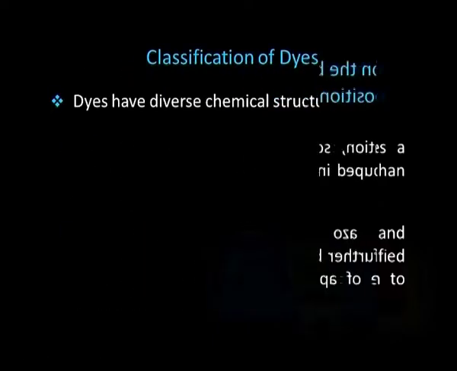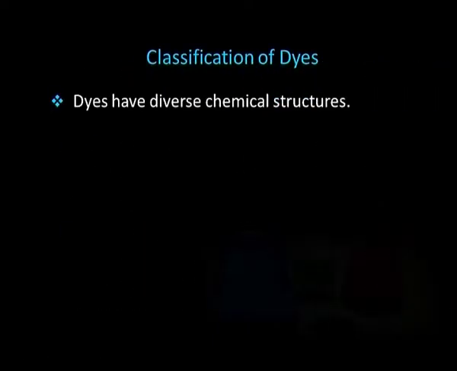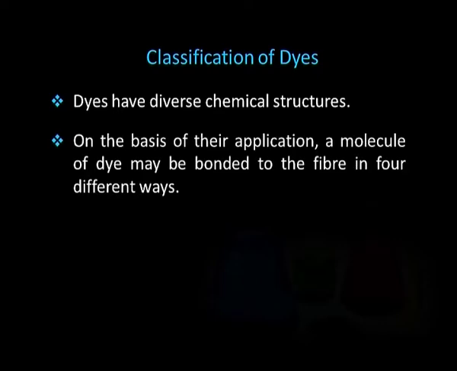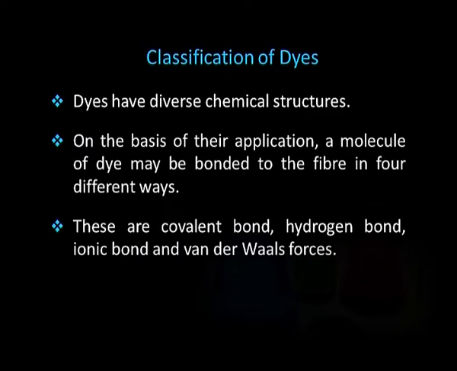Dyes have diverse chemical structures, and on the basis of their application, a molecule of dye may be bonded to the fiber in 4 different ways. These are covalent bond, hydrogen bond, ionic bond and van der Waals forces.